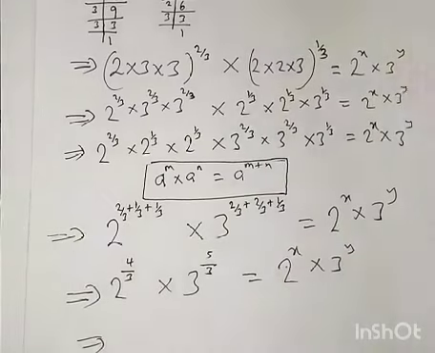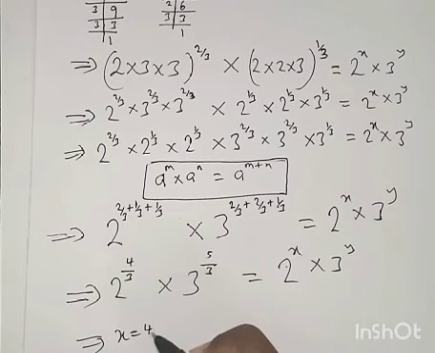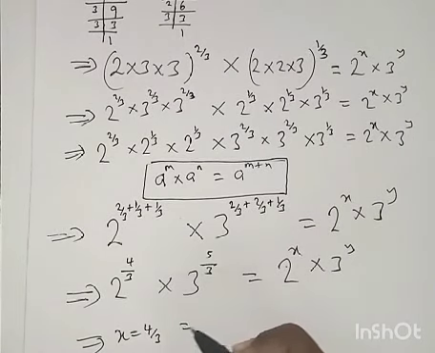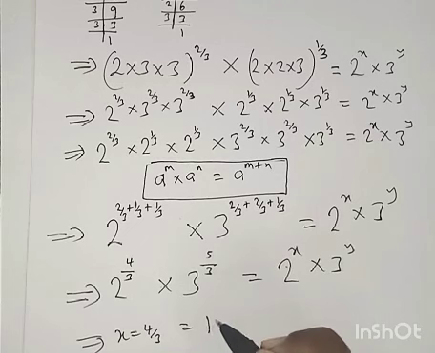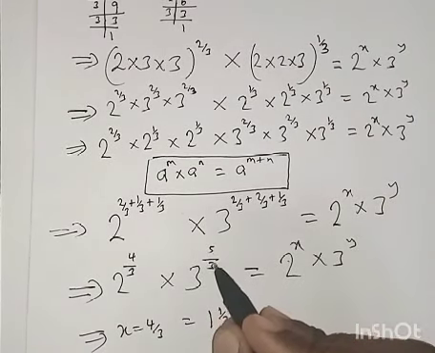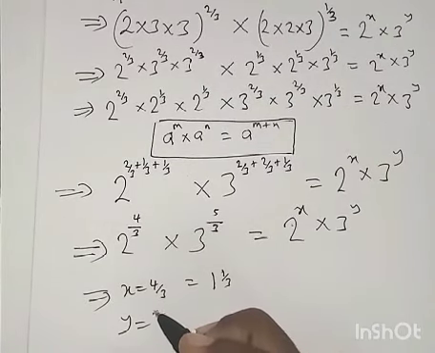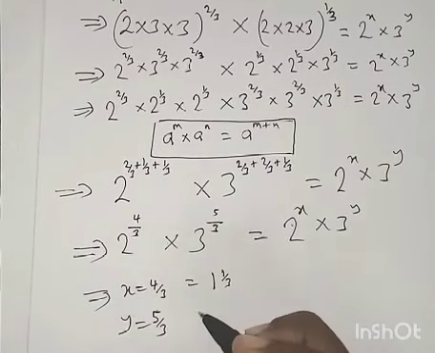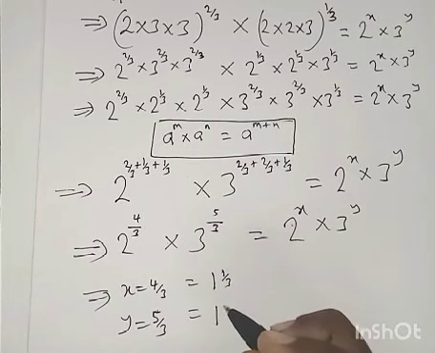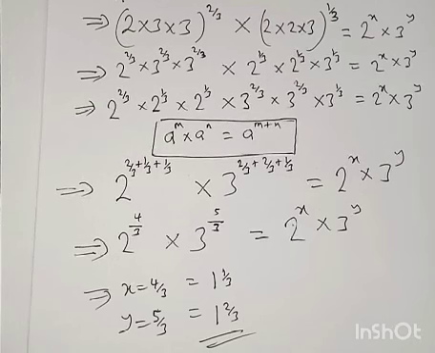So it means x equals 4 over 3, which is the same thing as one whole number, 1 over 3. The same thing, in place of y, you have 5 over 3. y equals 5 over 3, which is the same thing as one whole number, 2 over 3. So these are the values of x and y in this problem. Thank you.